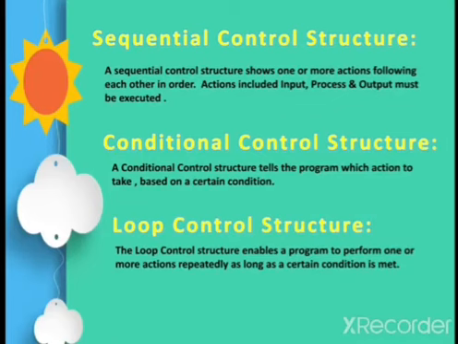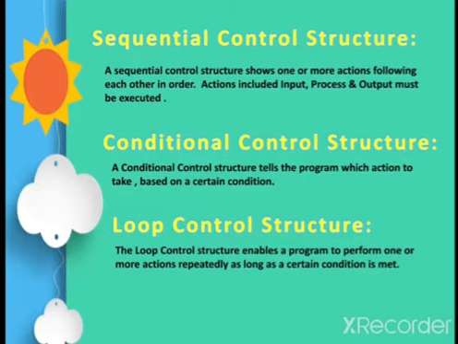Sequential control structure. That means when we are executing a program line by line, step by step, one or more actions following each other is known as the sequential control. Conditional control structure, where some conditions are applied in your program. If that condition matches, then you have to work.